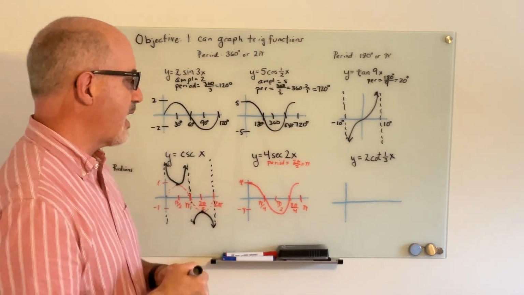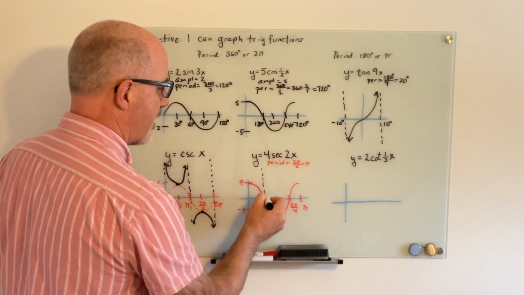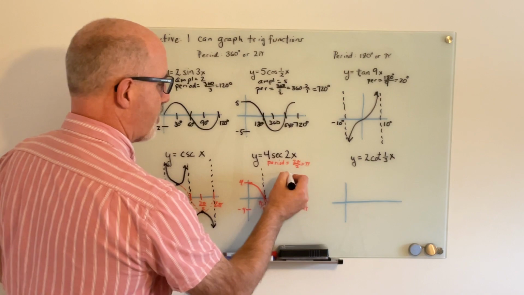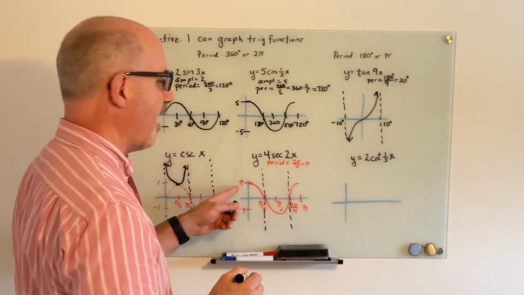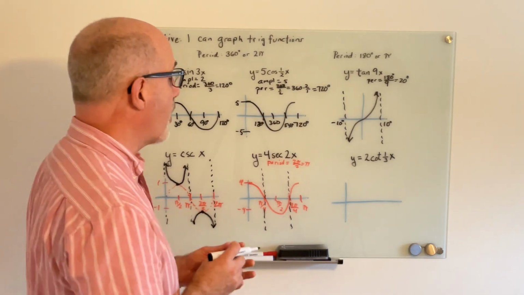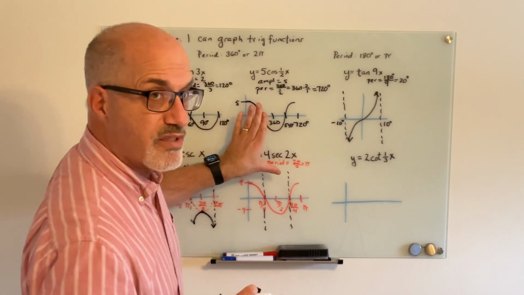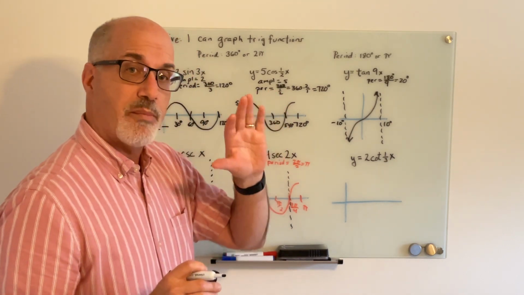To draw a secant, we use that same pattern, that wherever it crosses the axis is an asymptote. So I'm going to draw an asymptote here and here. And now you might say, hey, the reciprocal of 4 is not 4, but really what we're doing is the reciprocal of cosine to get secant. The value of cosine would be a 1.